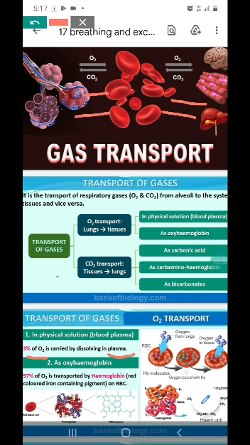Oxygen combines with hemoglobin to form oxyhemoglobin. So oxygen is transported mainly by these two methods: one through plasma, just dissolved in plasma, 3%, and the remaining 97% is transported as oxyhemoglobin, oxygen combining with hemoglobin. Okay, right.